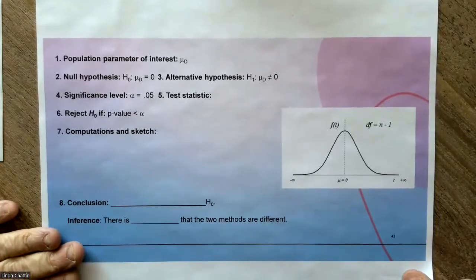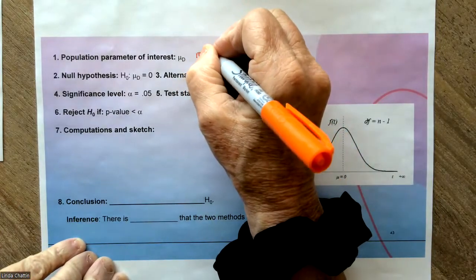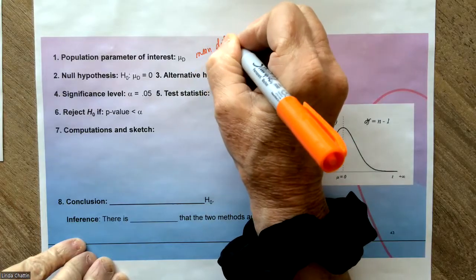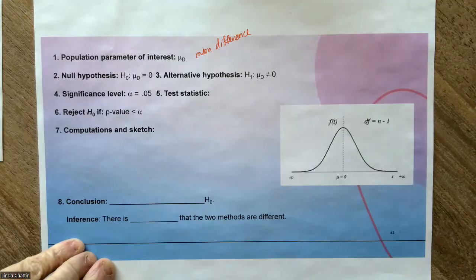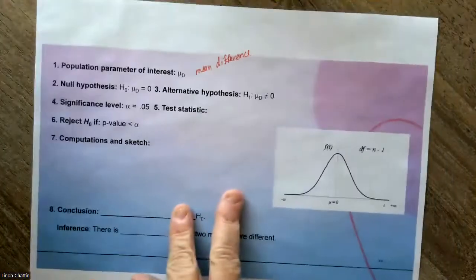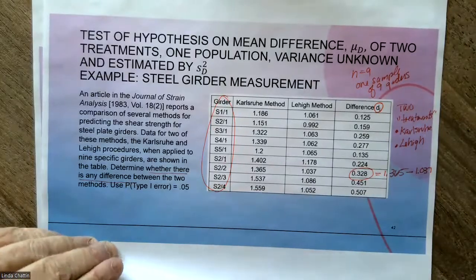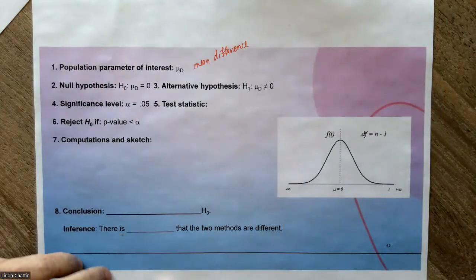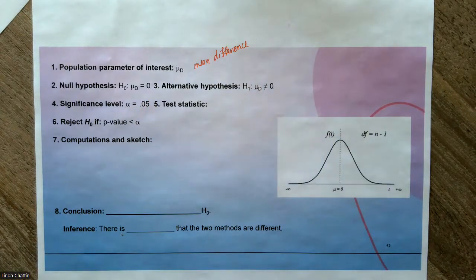My population parameter of interest here is mu d, which is the mean difference. So we're looking to see if the one method measures their average is different than the other. This is not difference between means. My null hypothesis, because they said specifically, determine whether there is any difference, that's sort of code for, oh, it is not equals to here. And they didn't say if the difference was a particular value.